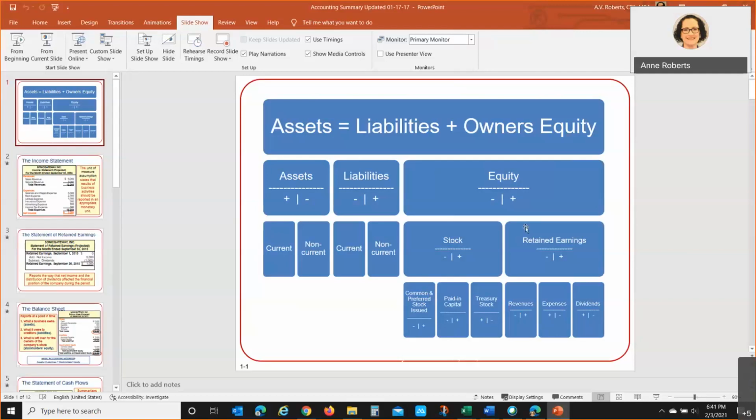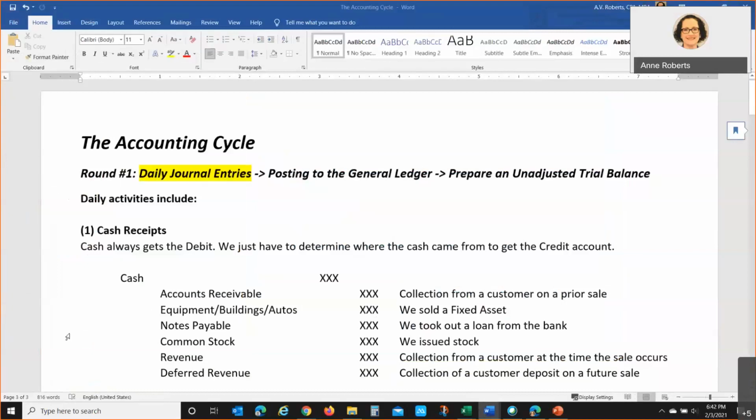Chapter 2, we learned about asset, liability, and stock. And then chapter 3, we learned about transactions that affect revenues, expenses, and dividends. Okay. So at that point, we've completed all the things that hit the balance sheet. Okay. Now, that being said, let's drill down into what is happening.